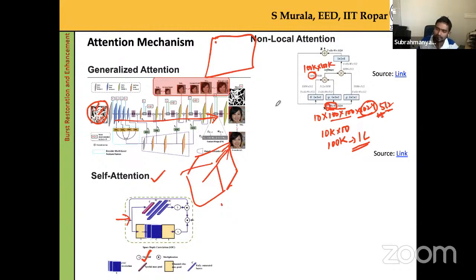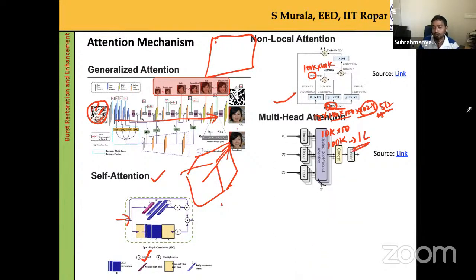So that is the main drawback of non-local attention. And if I go for multi-head attention, I have to do the same thing with multiple heads, multiple kernels, multiple sizes, multiple filters. So that is a drawback here.